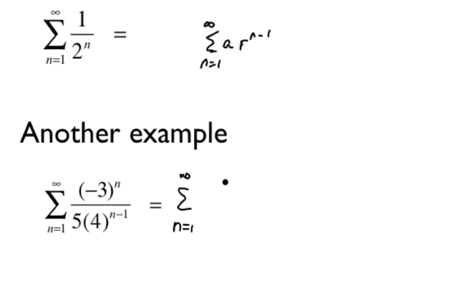In the numerator, I'm going to do -3 times -3 to the... okay, and so can I get A R to the n minus 1?